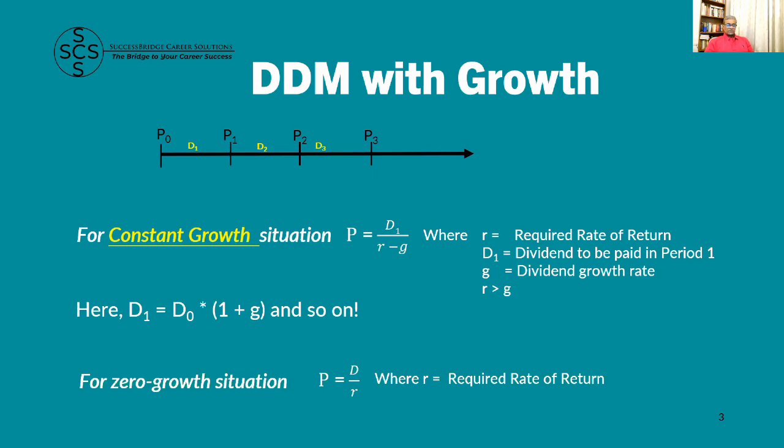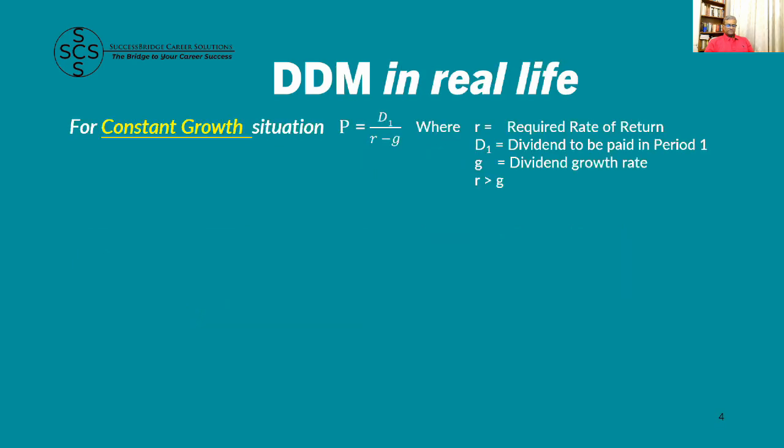For a zero growth situation, it is just like a perpetual annuity. So P equals D divided by R, where R is the required rate of return. So now let us see the dividend discount model in real life.